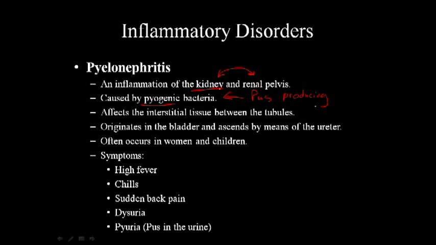Pus producing bacteria actually cause this, and it affects the interstitial tissue between the tubules. It originates in the bladder and ascends by means of the ureter. So this is something that you want to keep in mind, that it originates in the bladder, and then it climbs up the ureter. It progresses through the ureter, and then basically attacks the kidney.